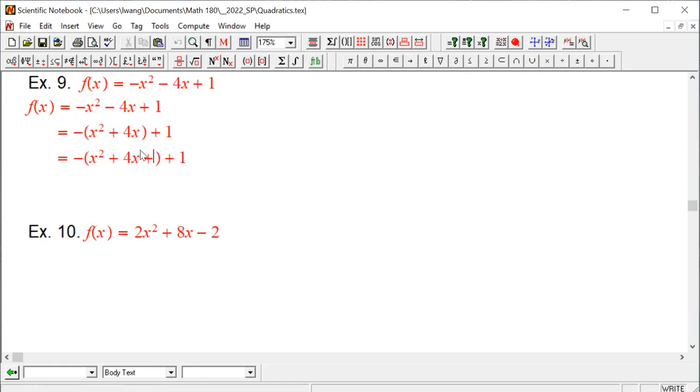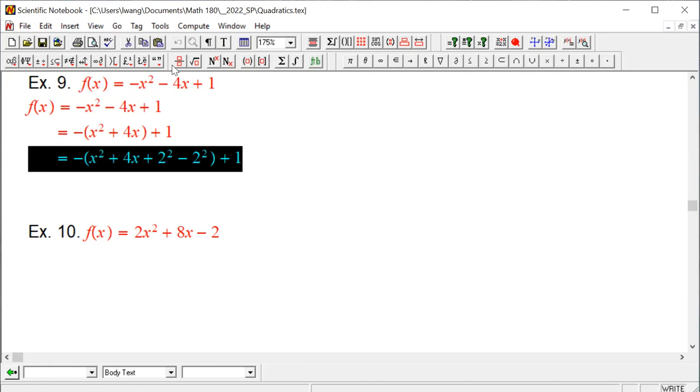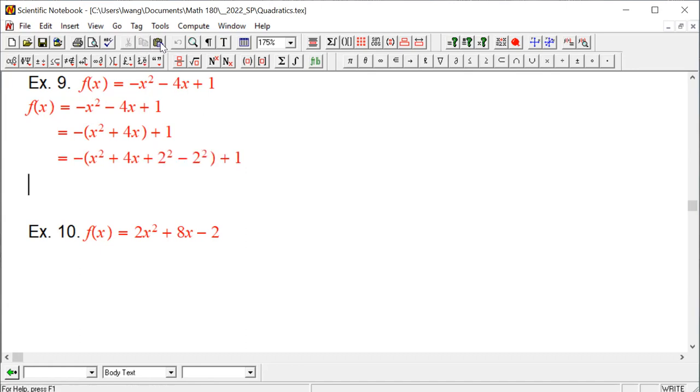You take the 4 divided by 2, which is 2, so it's going to be 2 squared. You add a 2 squared and you subtract a 2 squared. Can you write 4? Of course, because they're the same number. If they're the same number, nobody can take points off you. So these 3 will make the perfect square.